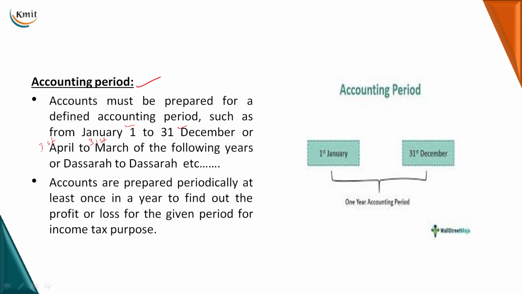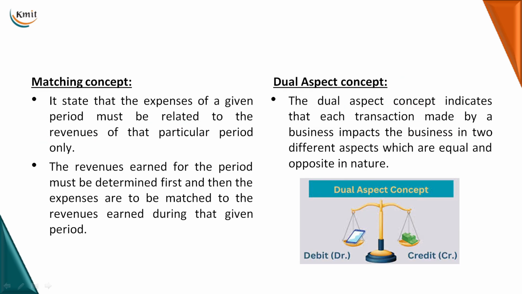Accounts are prepared periodically, at least once in a year, to find out the profit or loss for the given period of time or for income tax purposes. An accounting period can also be for half a year or a quarter year.